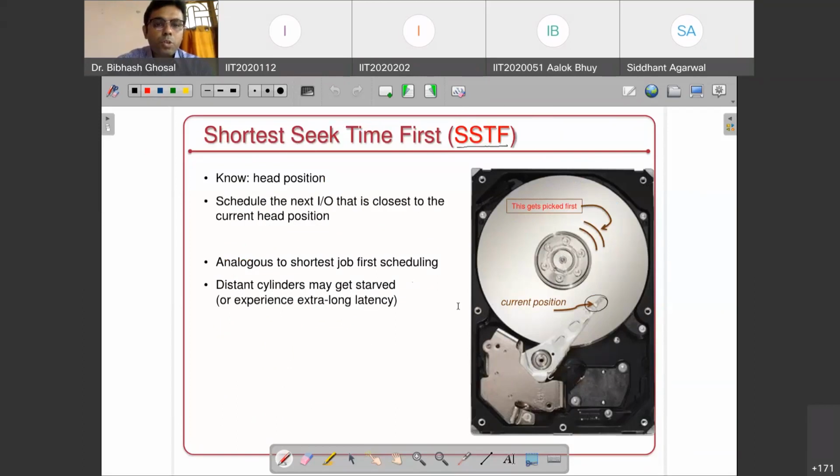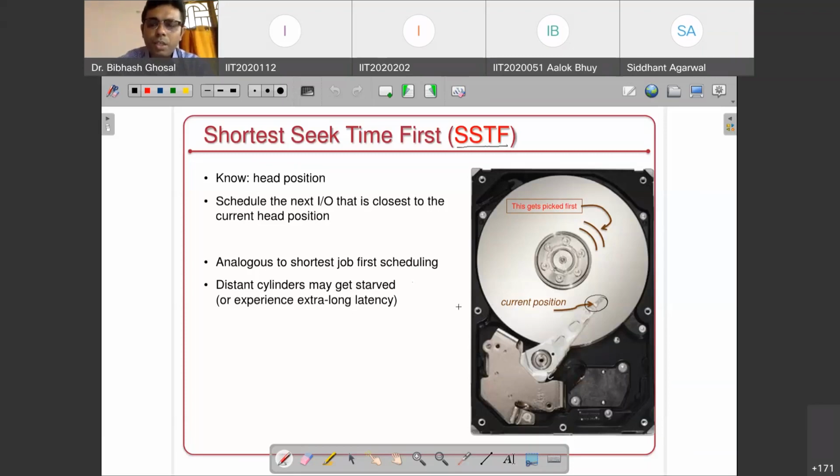I'll just show you the different algorithms, and then I'll give you an example. With an example, I'll show you how people have proposed different kinds of algorithms and how they have been improved gradually. So the first one that we are looking at is called the shortest seek time first.